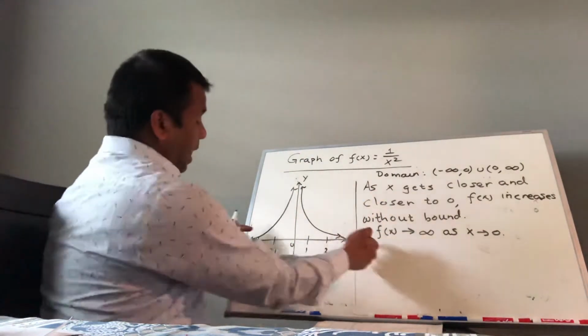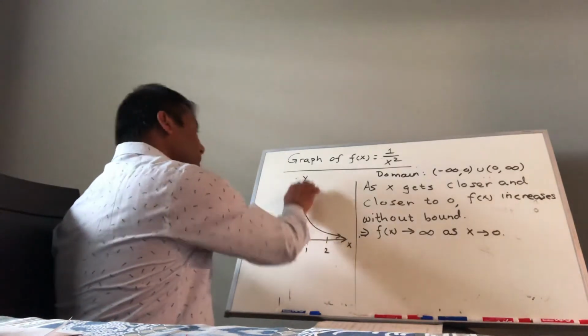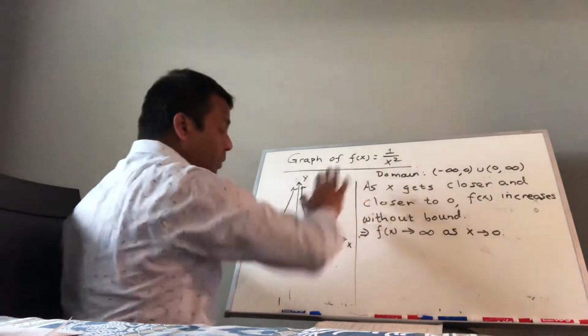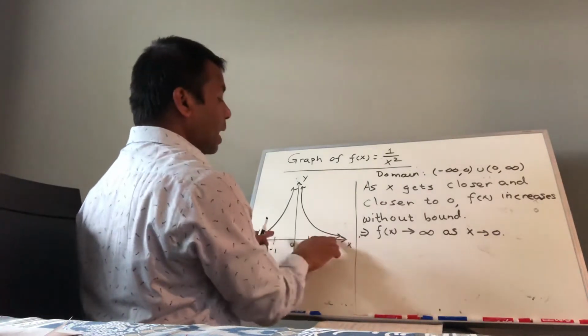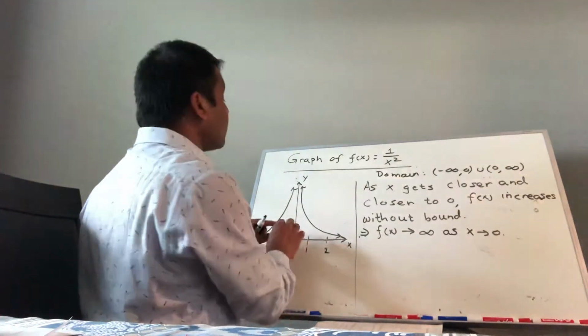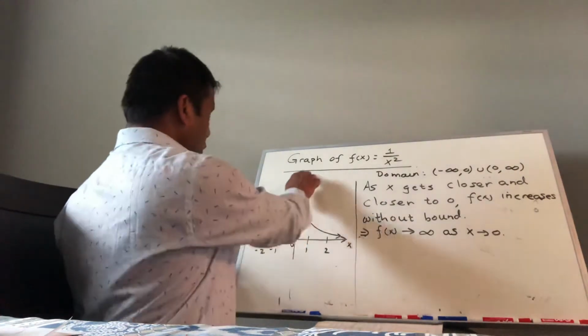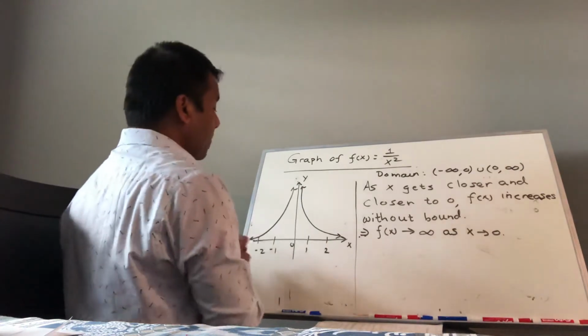You see that as x approaches 0, f(x), the y value, increases without bound, and as the values of x are very large positive or large negative numbers, f(x) gets closer and closer to 0, right?